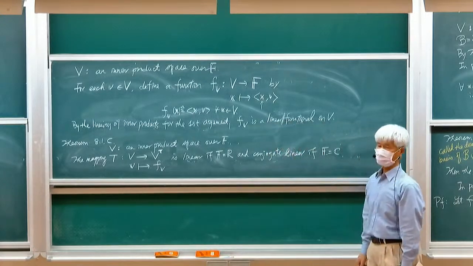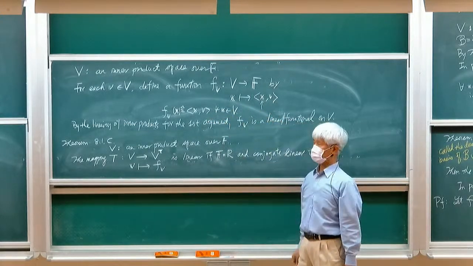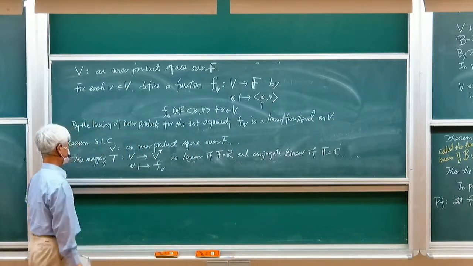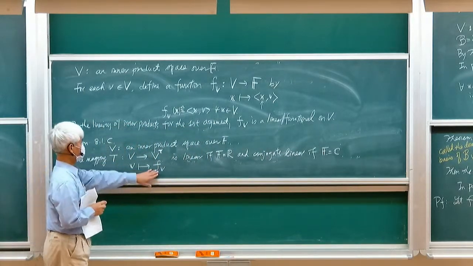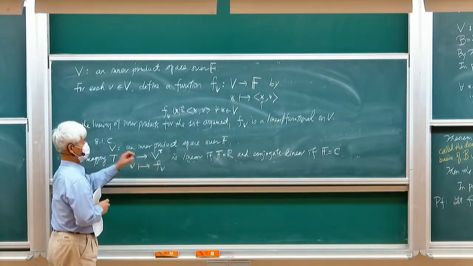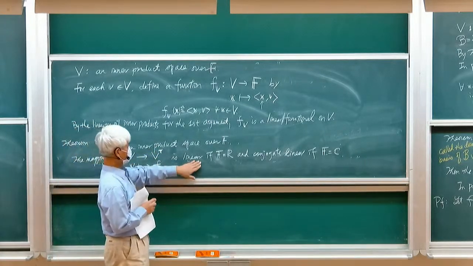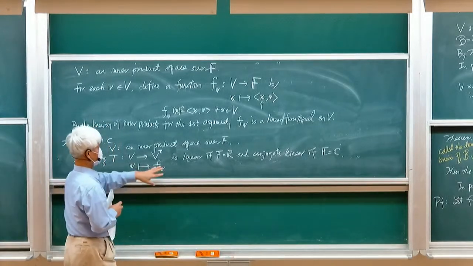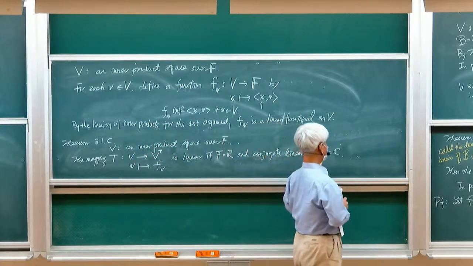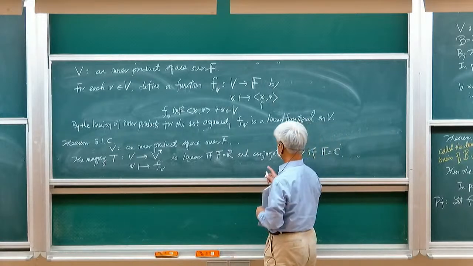So this association, for every vector v in the inner product space V, gives us the linear function f_v. It gives us a linear transformation in the real case, but for the complex case we have a conjugate linear transformation. I will define that later.